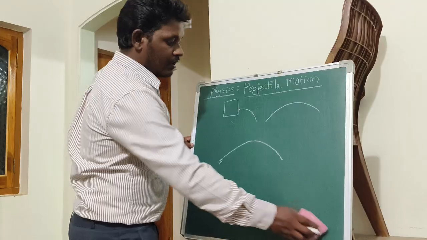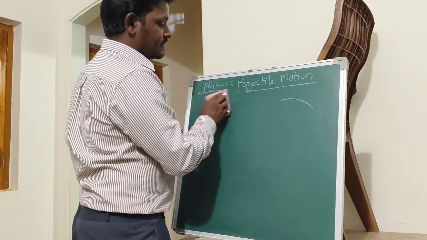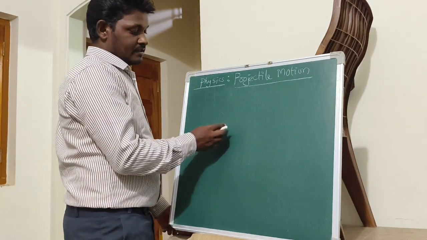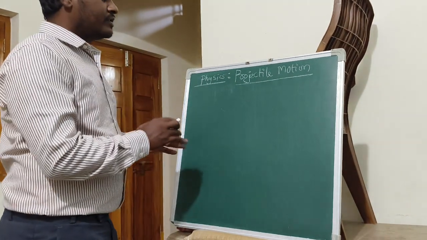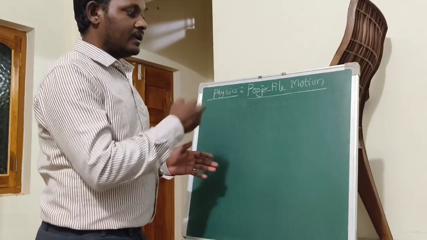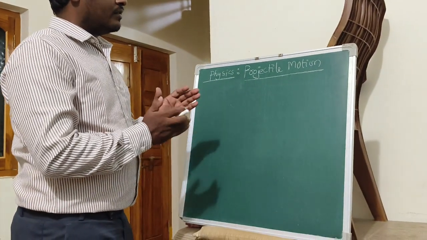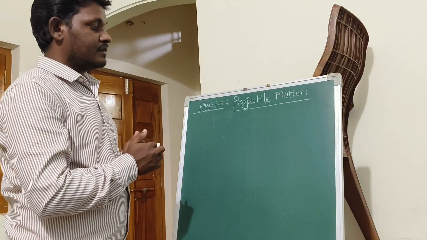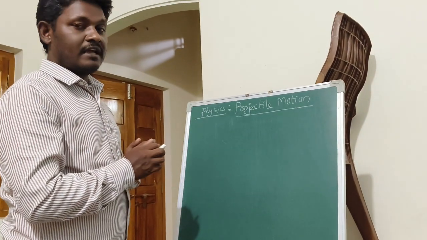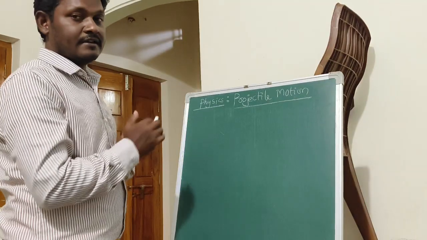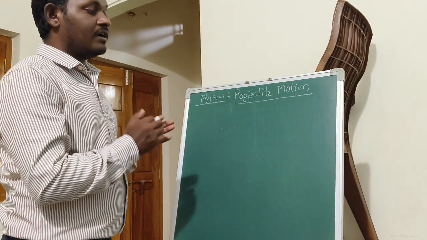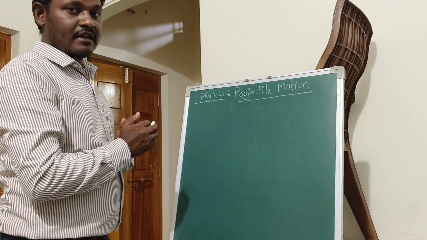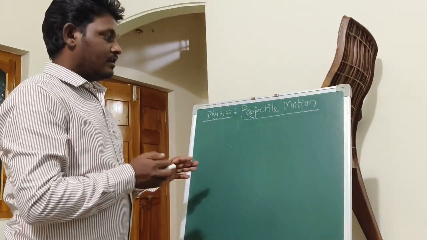Let us see on which factors the range of a projectile body depends, which path it takes, at which height it will move upward, what time it will take to reach that height, and what time it will take to reach maximum range in the horizontal direction. Let us see all the information.